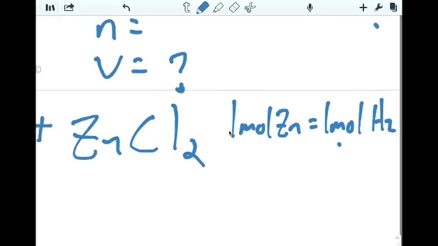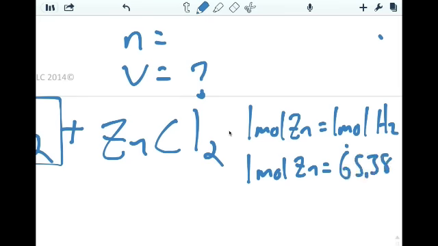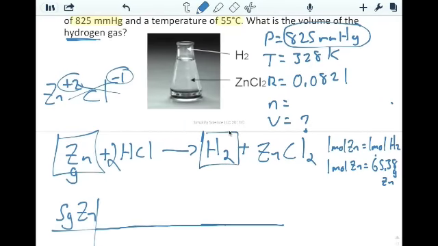And since we're starting with grams of zinc, we need the molar mass of that. So 1 mole of zinc equals the molar mass of zinc, which is 65.38 grams of zinc. Okay, so we set up our conversion, and now all we do is plug in our conversion factors. We need grams of zinc on the bottom to match that unit.